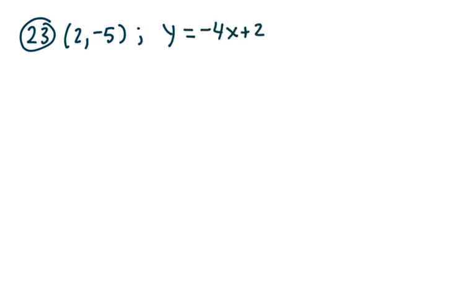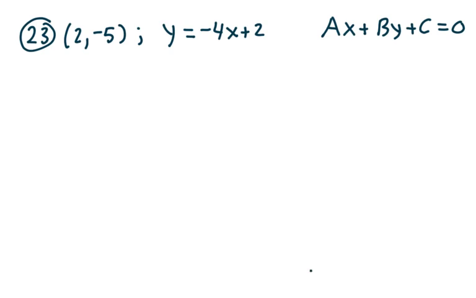Now, let's take a look at 23. Suppose we have the point (2, -5), and the equation of the line is y equals negative 4x plus 2. We have to be careful because to apply the distance formula, the equation of the line has to be of the form ax plus by plus c equals 0.